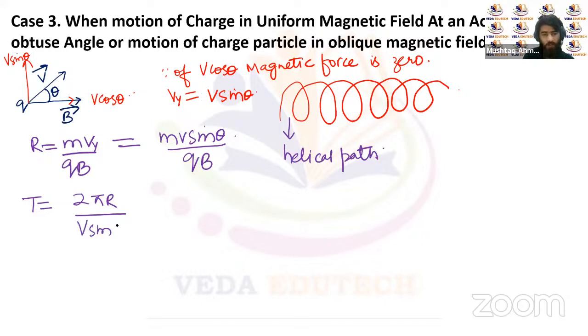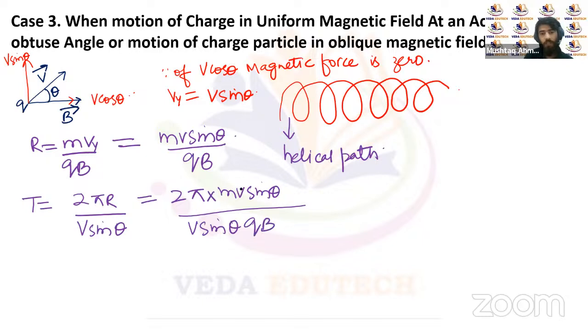We can replace r with m v sin theta upon qB, so it becomes 2 pi times m v sin theta upon v sin theta into qB. Now the v sin theta terms cancel, and we are once again left with the same time period, 2 pi m upon qB.